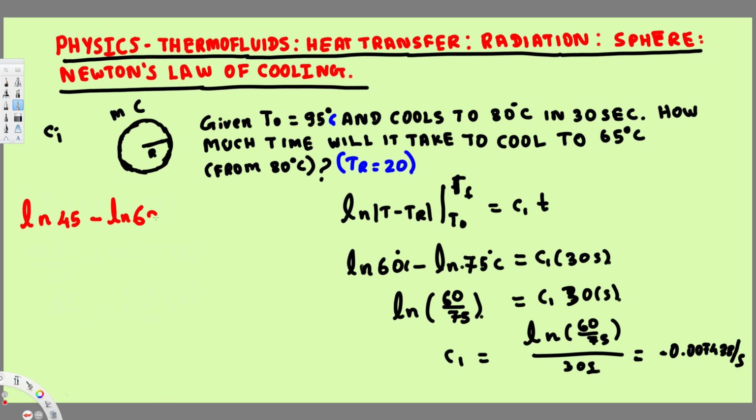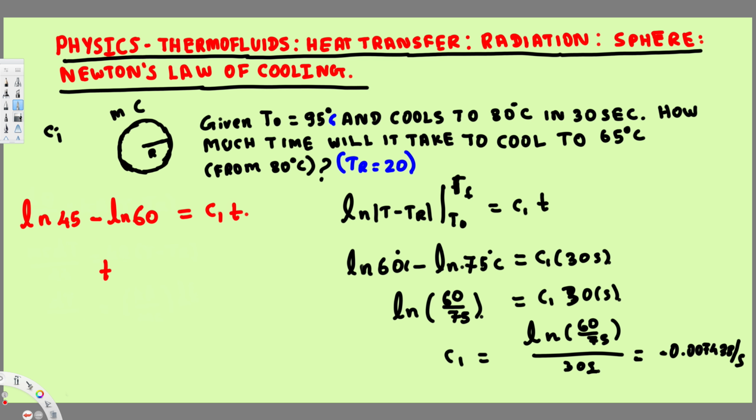Here we are going to have 60. So this is going to be our ln values, and on the other side we are going to have C1. Time is going to remain the same. Time is what we are trying to find, how much time it will take. Okay, C1 times T.